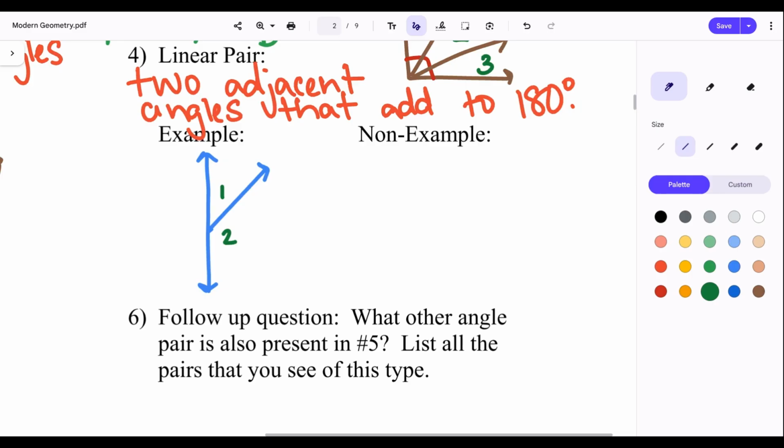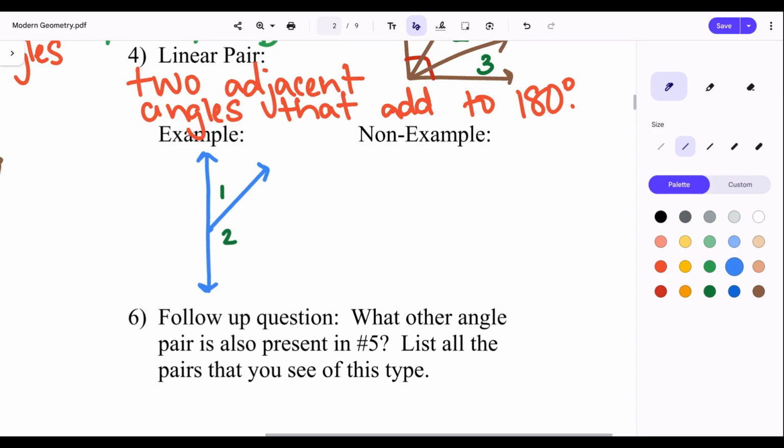We're only talking now about the case where they would be next to each other. So they have to be in the same picture. They can't be 2 separate angles. And they still have to share that vertex and that side in order to be considered adjacent. But when they are forced to be together and they make that straight line, we call it a linear pair. So it's just being a little bit more specific with that angle type.